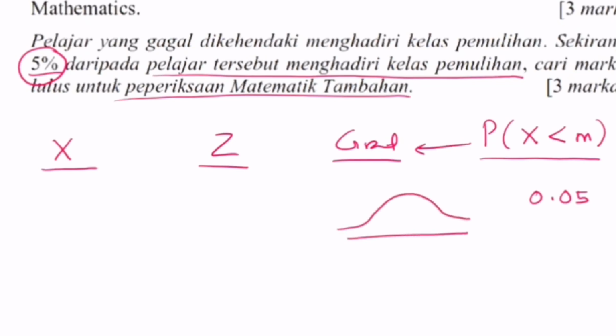We sketch the bell shape. Now we need to label first before we can find the z. Less than is always to the left. Less left. So you shift to the left 5% or 0.05.